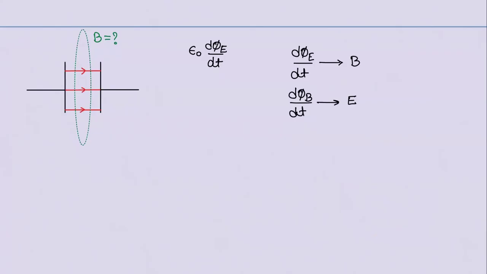And he used these logics, whatever we developed, and further developed, and he proved that electromagnetic wave exists, and completely used only laws of electricity and magnetism.